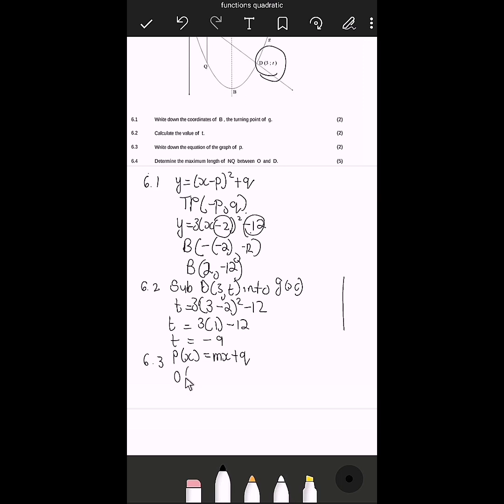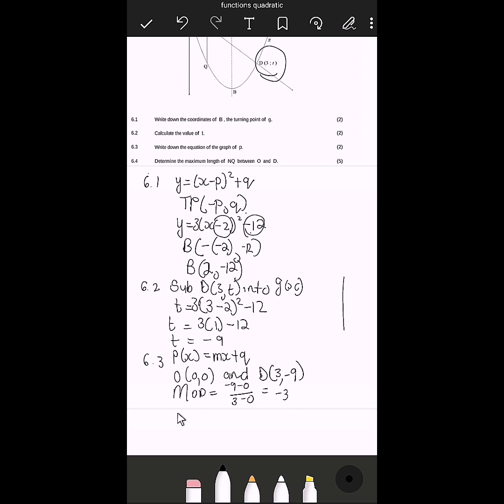So O is (0, 0) and D is (3, −9). Okay, so we can use these 2 points to find the gradient of OD. So we're going to say (−9 − 0) divided by (3 − 0). That means we have a gradient of minus 3.